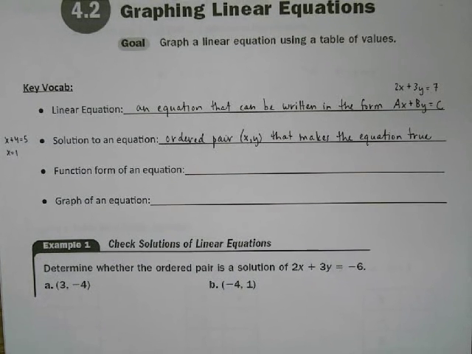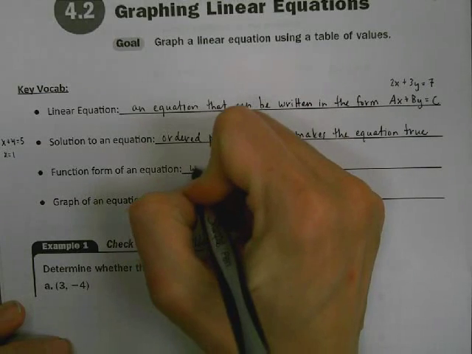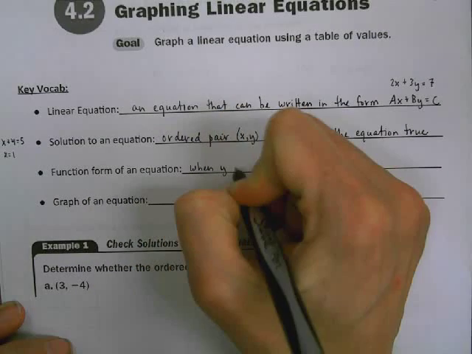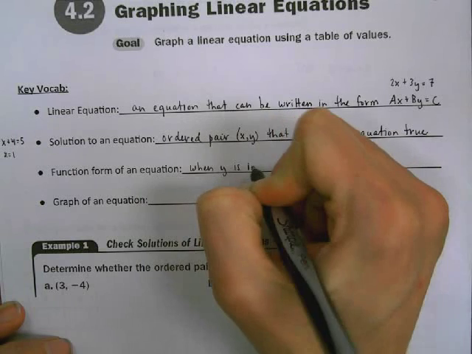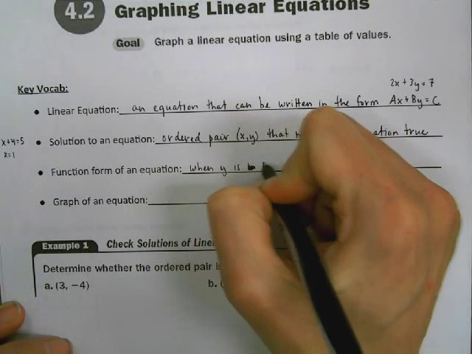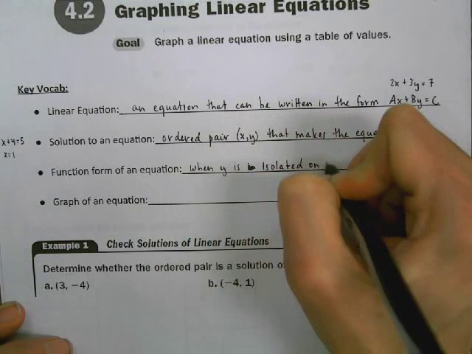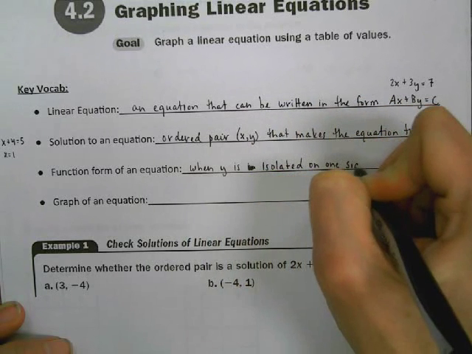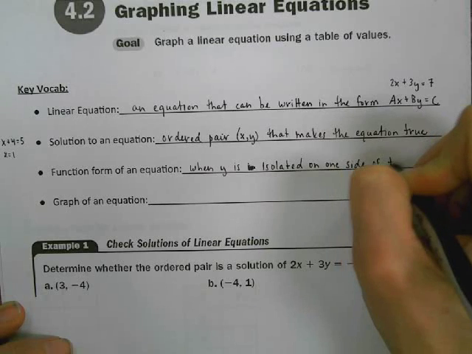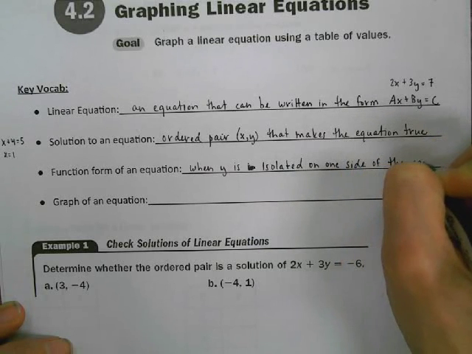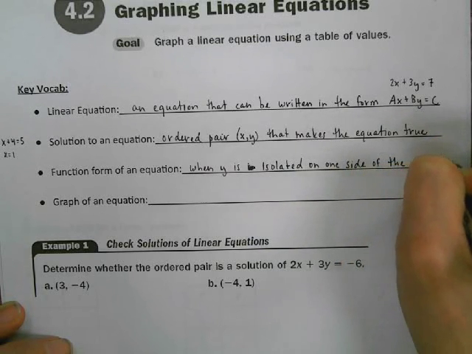All right, next is function form, and we'll be working with this especially in a few lessons here. Function form is when y is isolated on one side of the equation. In other words, it should be all by itself on one side of the equation.